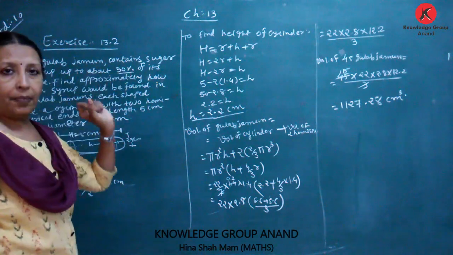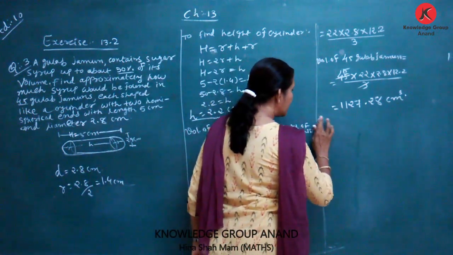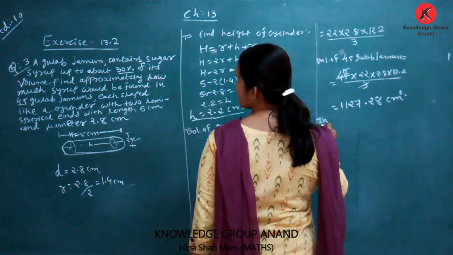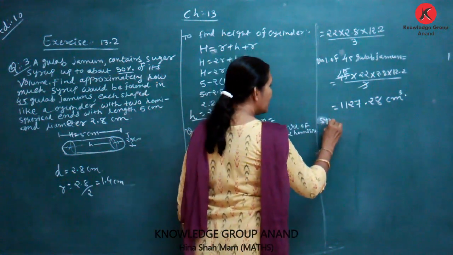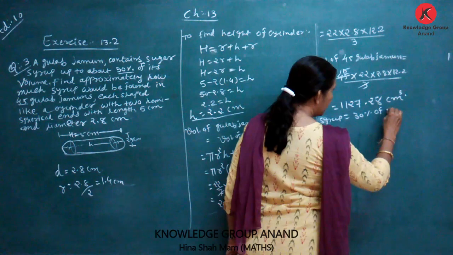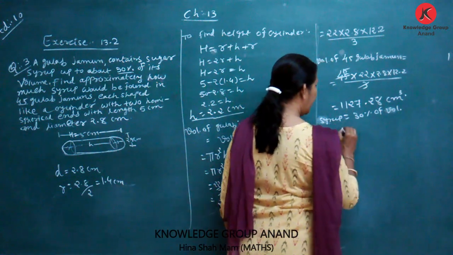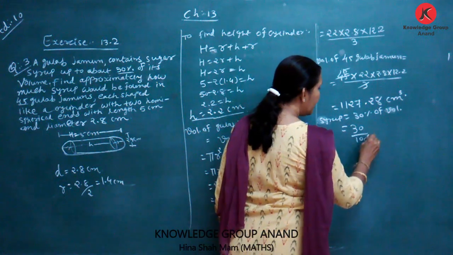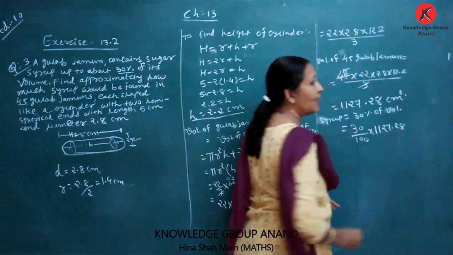Syrup is up to about 30% of its volume. A gulab jamun contains sugar syrup. Find approximately how much syrup. Syrup is equal to 30% of their volume, that means 30 upon 100 multiply 1127.28.